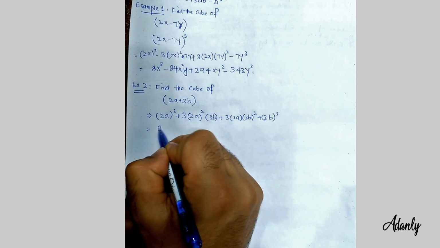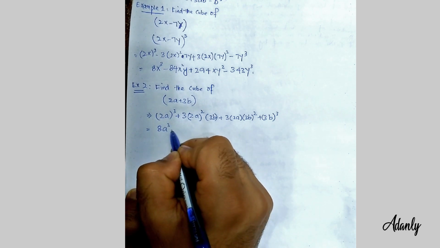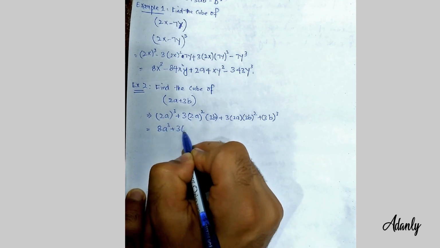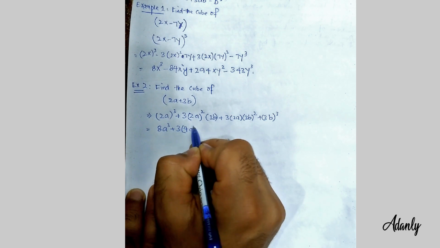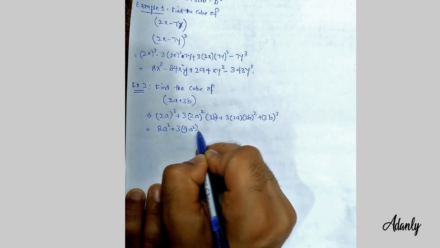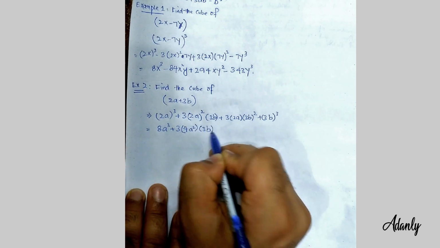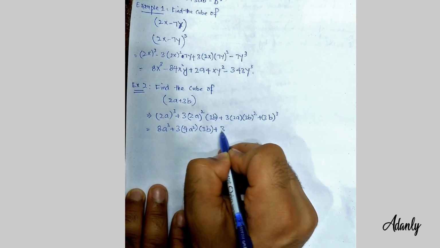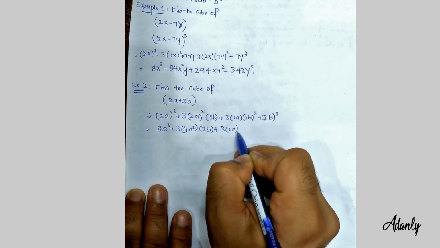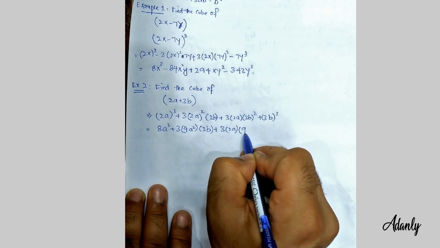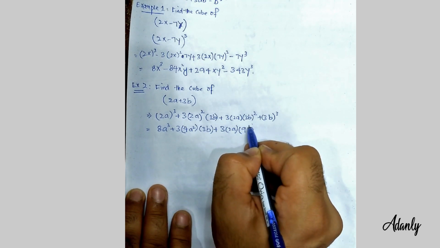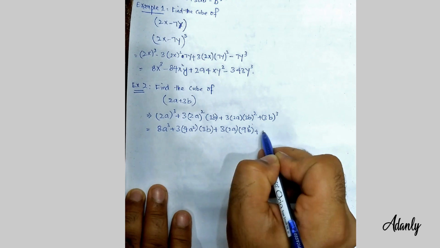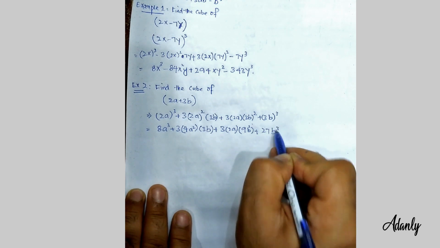Now it will become 8a cube plus 3 into 4a square into 3b plus 3 into 2a into 9b square plus 27b cube.